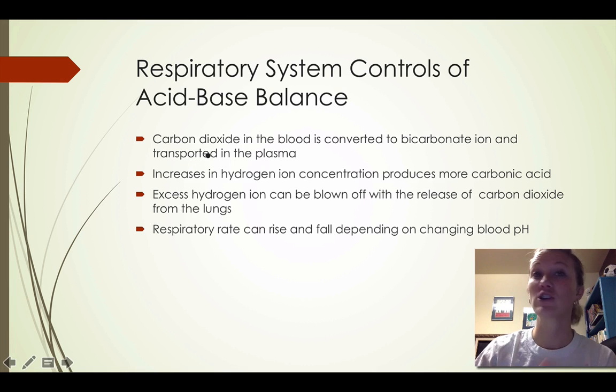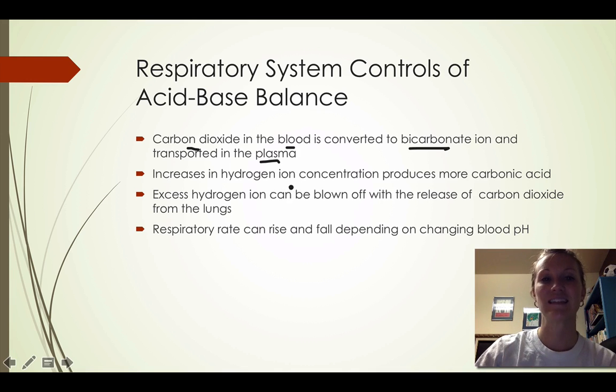And then the next step is that your respiratory system has a lot of control over your acid-base balance. We talked about this a little bit in the respiratory system, but basically your carbon dioxide in the blood is converted to bicarbonate ions, and it's transported through the plasma. Your bicarbonate ions ultimately go back up to the respiratory system, and then at the alveoli they'll be exchanged, they'll turn back into carbon dioxide, and you'll get rid of that acid that way.